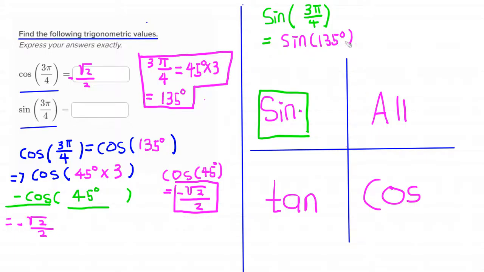And sine of 135 degrees is also going to be equal to sine of 45 degrees times 3.